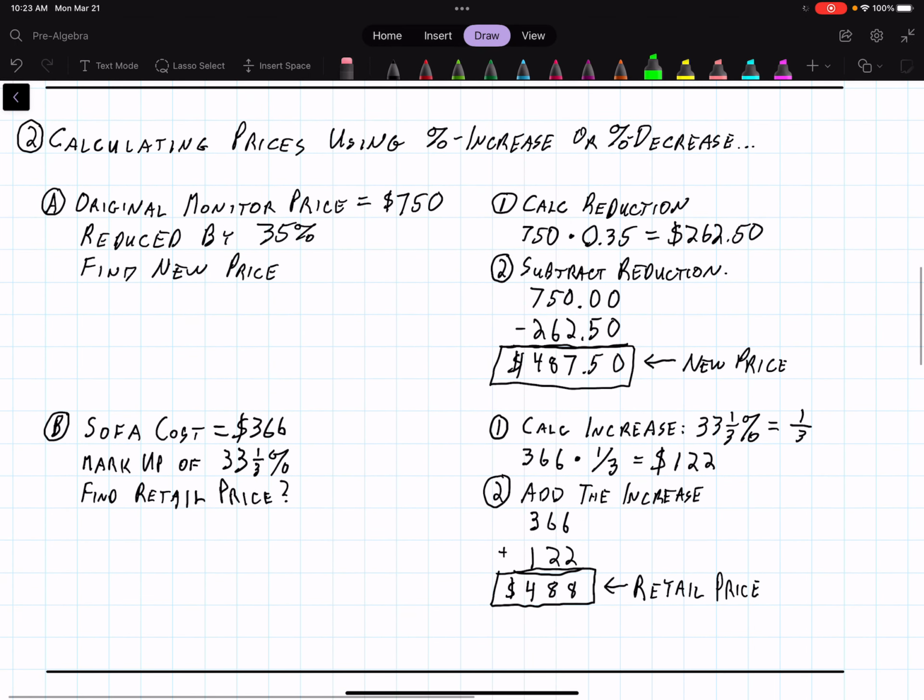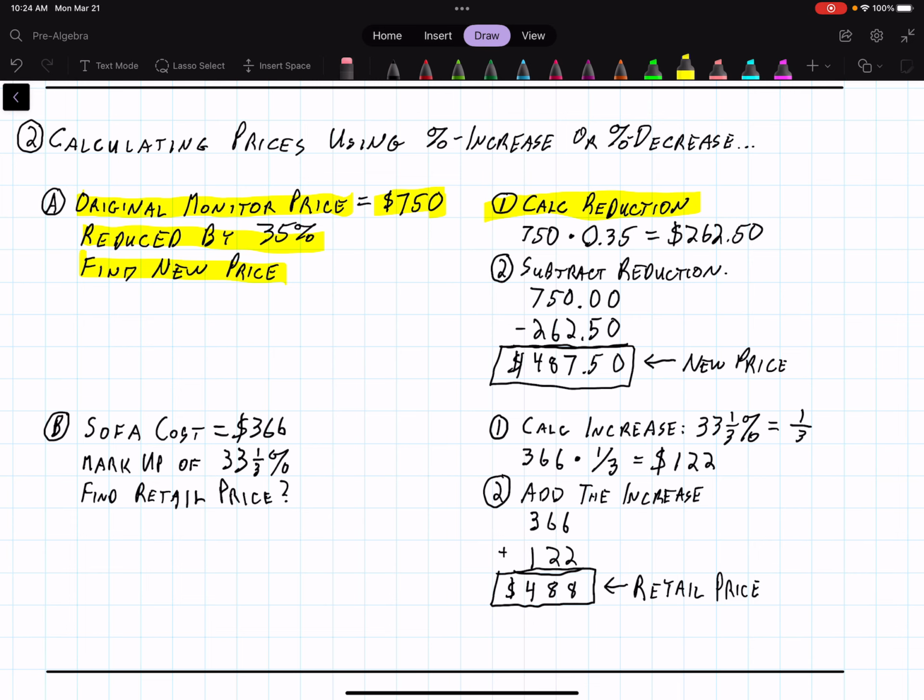What if we're calculating prices using a percent increase or a percent decrease? Okay, so we have an original monitor price. I want to go in and buy a monitor for my computer. It's $750. It's a really fancy monitor, but it's being reduced by 35%. I need to know the new price. They didn't put it on there. I want to calculate the new price. Well, first thing you do is you calculate the reduction.